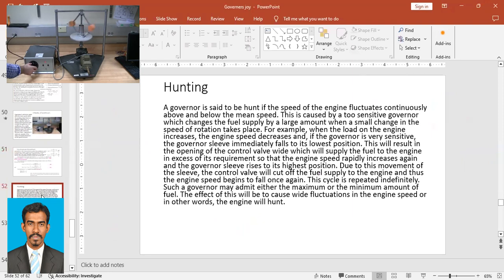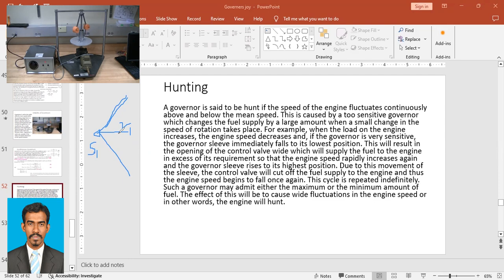Then we have a term called hunting. A governor is said to hunt if the speed of the engine fluctuates continuously above and below the mean speed. We know for every governor, while rotating, there's a mean speed. As I told you earlier, for a speed S1 it should have a particular radius R1. It can't have two radii for one speed, or two speeds for one radius.